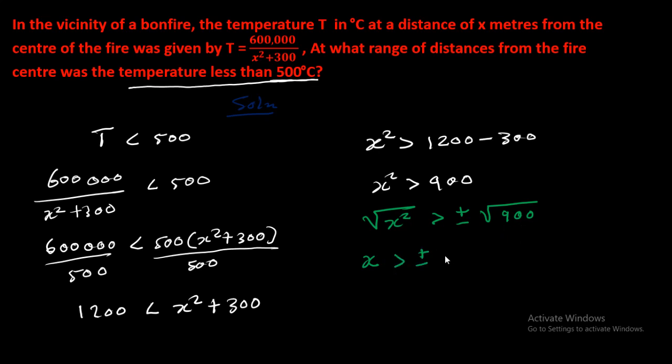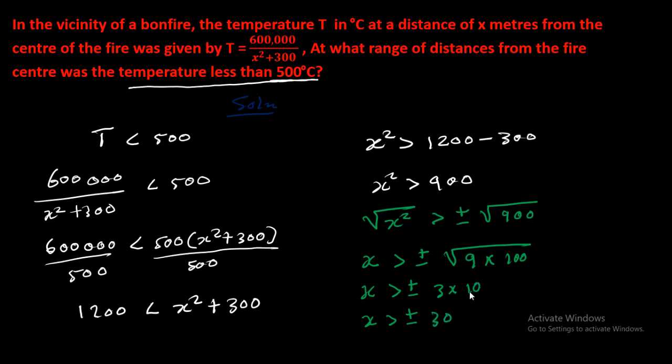If you don't have a calculator, you can simply say 9 times 100. So this will give you x is greater than positive or negative 3 times 10, so x is greater than positive or negative 30.